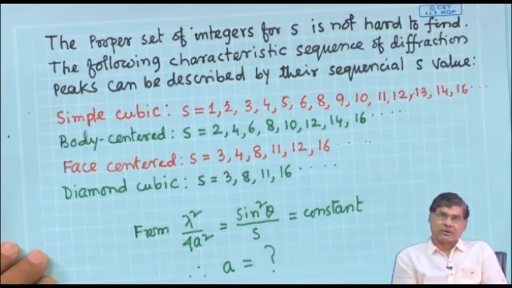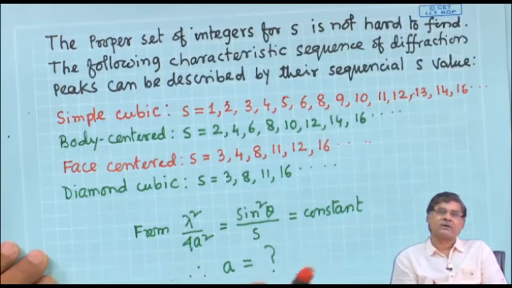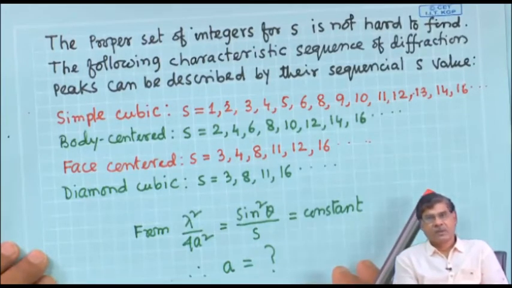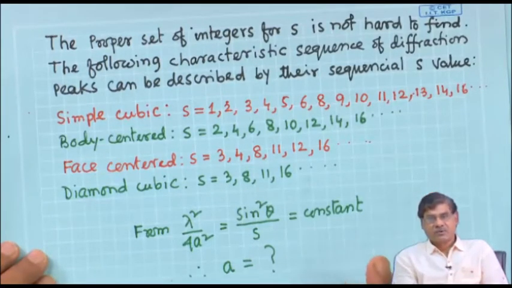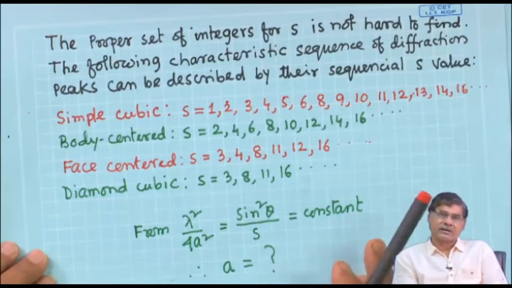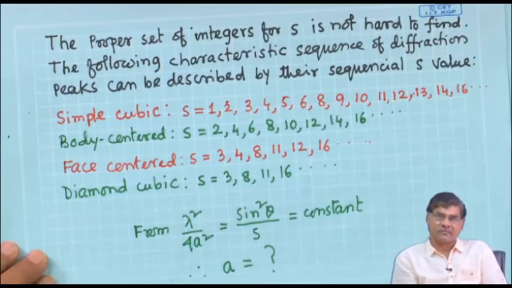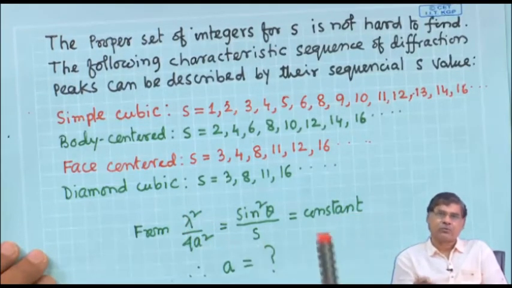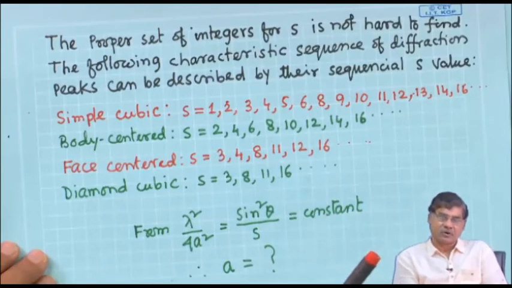Those S values are for the peaks you are seeing. If the S values are 1, 2, 3, all sorts of values, then it is simple cubic. If it is only even values 2, 4, 6, then it is body centered.